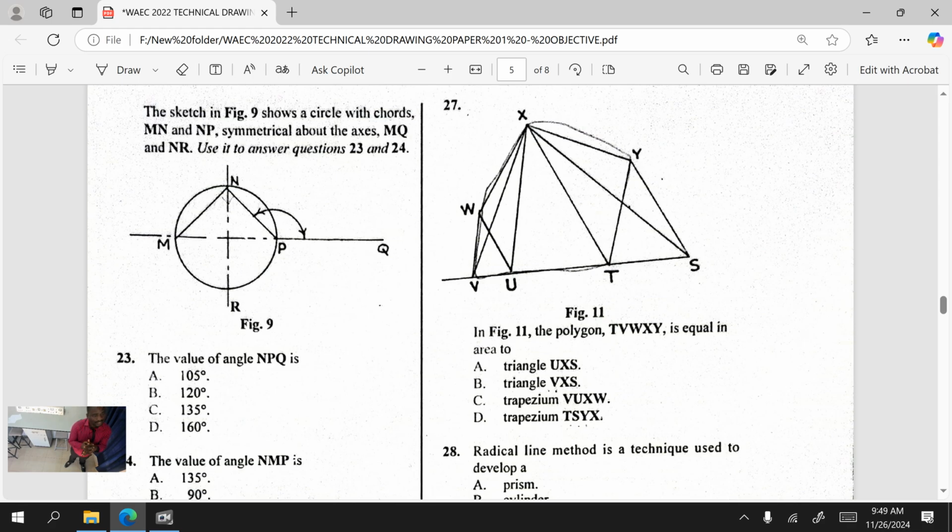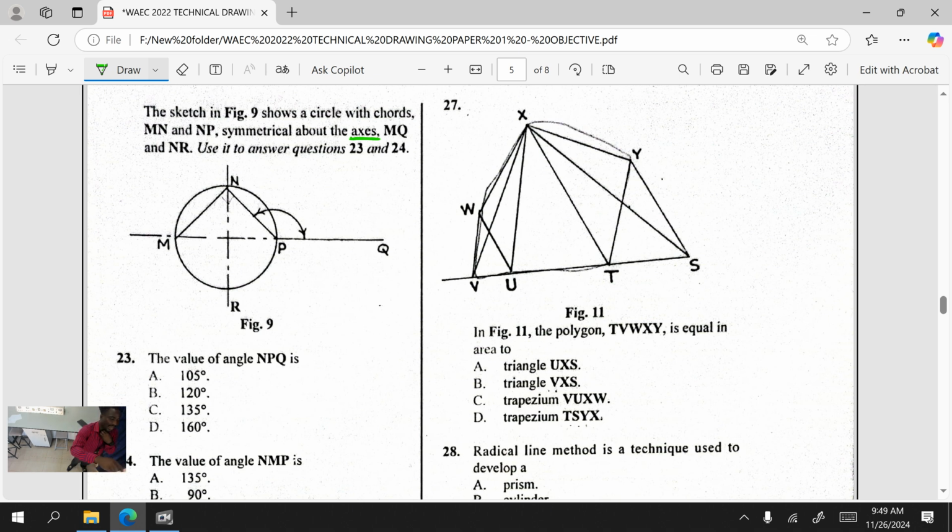Symmetrical about the axis. Symmetrical about the axis means both sides are identical. They look exactly the same. So the axis they are talking about, when we say axis in technical drawing, is the center. Do you get it now? They are symmetrical about the axis.